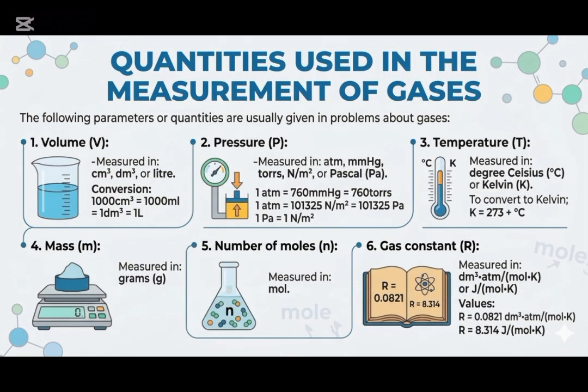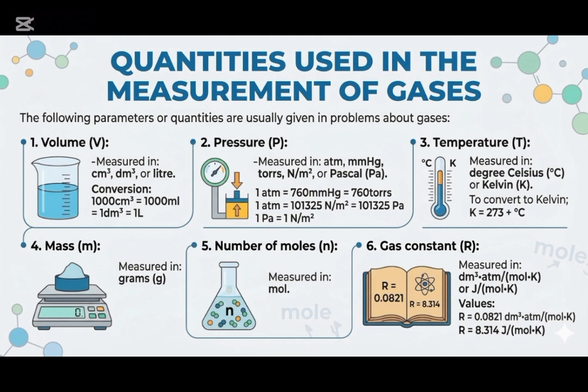Quantities used in the measurement of gases. Now, looking at these quantities, it will be needed for calculations when we go to the examples of each law. Now, the following parameters or quantities are usually given in problems about gases. Number 1, volume.